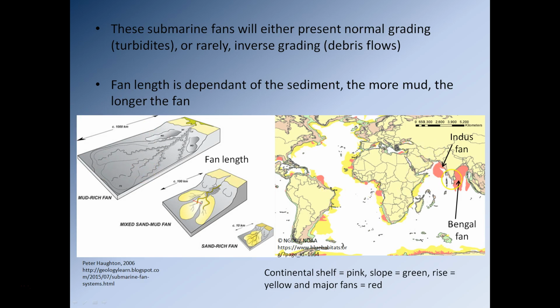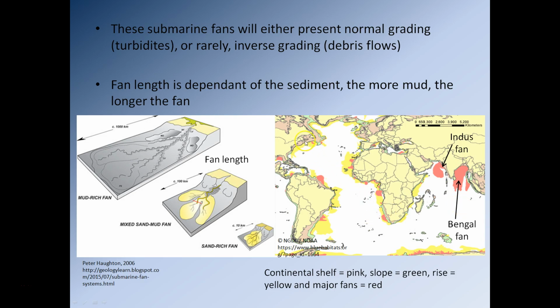So here's a good example here on the east and west coast of India. We have the Indus fan on the west coast and the Bengal fan on the east coast. And you can see the size of these fans. And that's because the rivers producing them are transporting huge quantities of muddy sediment from the Himalayas, and so they've got very, very mud-rich fans which extend a very, very long distance into the Indian Ocean.